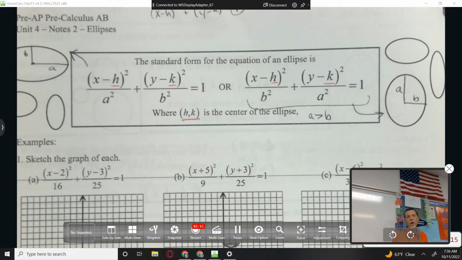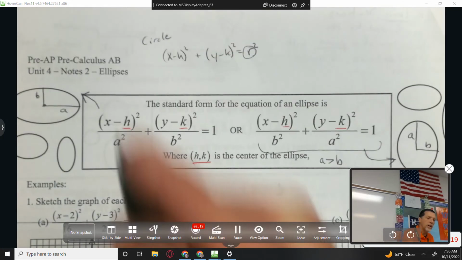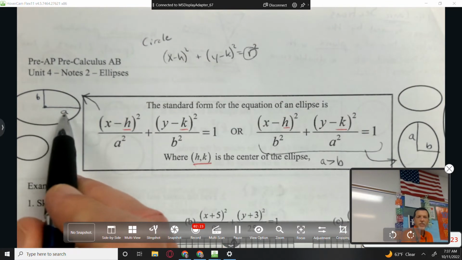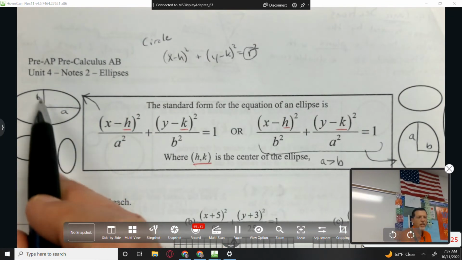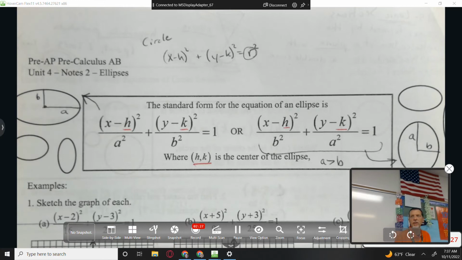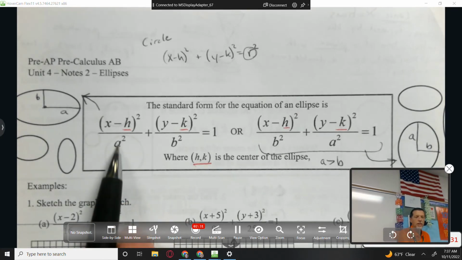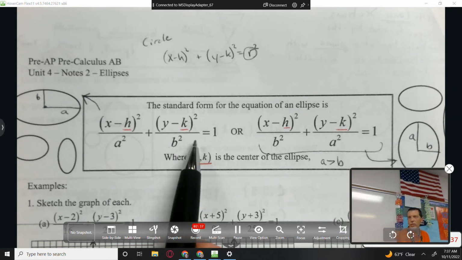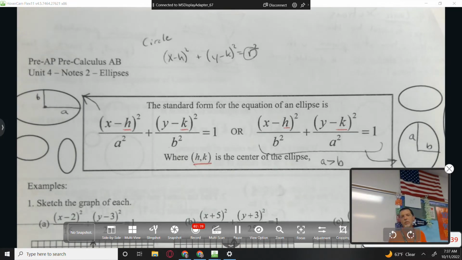If it's under y, go that many in y. So rather than going r in all directions like a circle, well, we don't have a circle. We got a squished circle that has sort of different radii depending on which way you're going. So again, if it's under x, go that many in x. If it's under y, go that many in y. And you don't really have to be too concerned about exactly who's A and who's B.